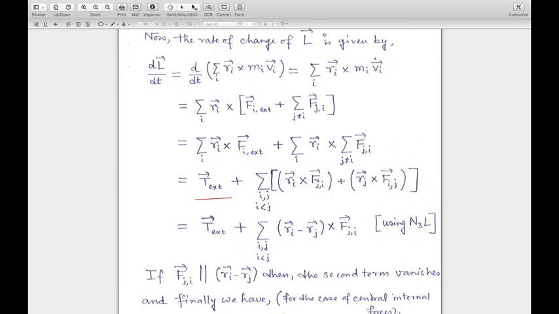You can see that you can always write it in a way such that if you make an ordering that i should be less than j, or j should be less than i, then this expression will be equivalent to a double summation over i and j of ri cross Fji plus rj cross Fij.